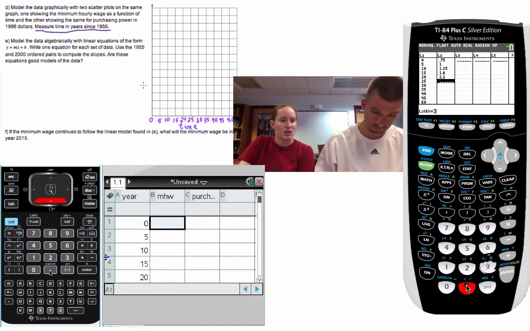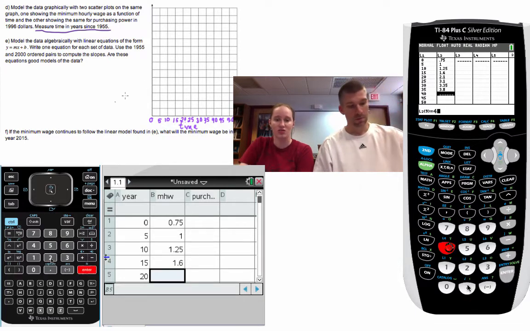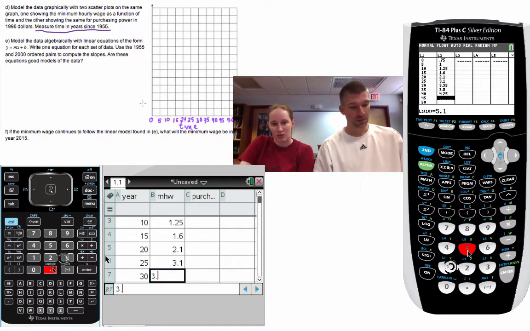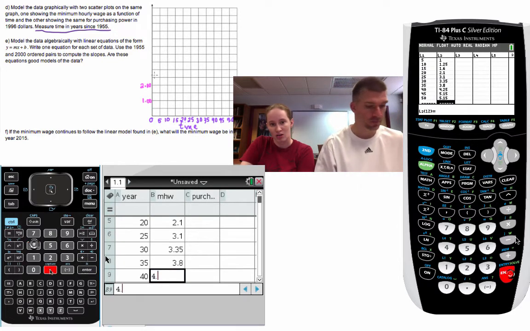And then we have a range of numbers as far as our dollar amounts that pretty much go from 0 up to about $7. So I think I made this graph to where you could go up by 50 cents on each mark. So which one are we doing? Purchasing power? We're going to end up doing both. Okay, so you need to go up to about $7.